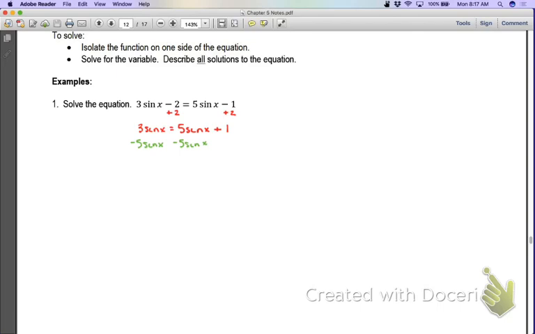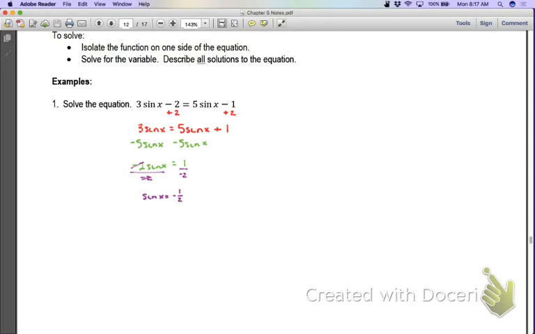Then on the left side, I'm going to have -2 sine of x equal to 1. Now, what do I need to do to get the sine of x by itself? Divide by negative 2. So I'm looking at sine of x equal to negative 1/2.